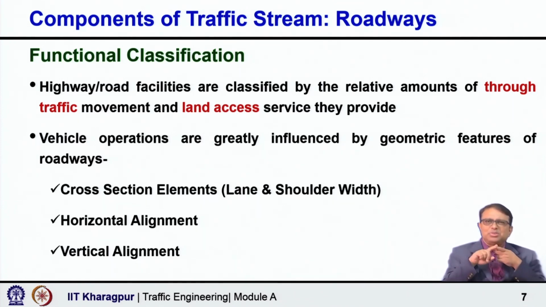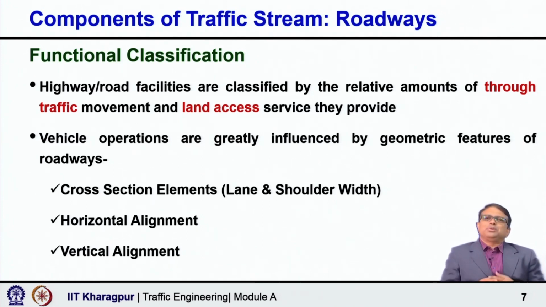So, we discussed road users, we discussed vehicles, the concept of design vehicle and design driver, and their characteristics. We want to reduce the variation and consider a single set of values for design purposes, which will satisfy the requirements of most of the vehicles and most of the drivers. Most of the vehicles means we take the characteristics of the design vehicle, most of the drivers means we take the characteristics of the design driver.